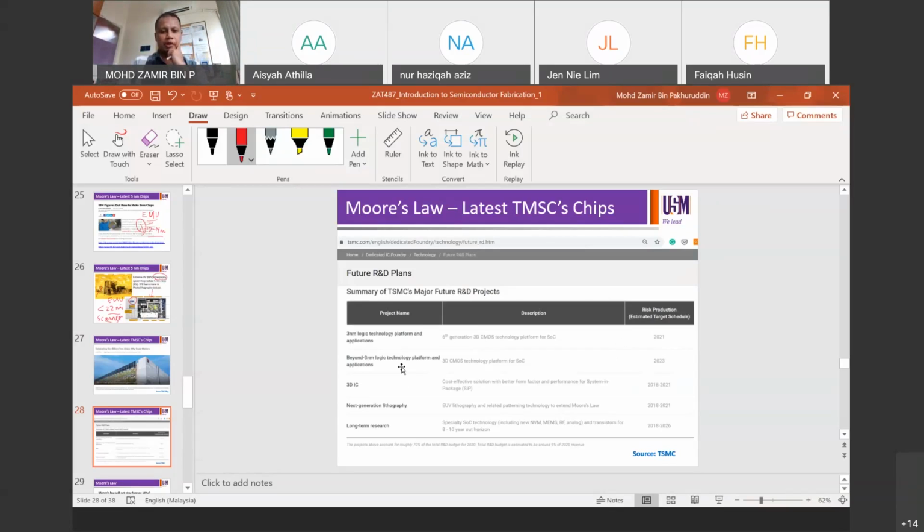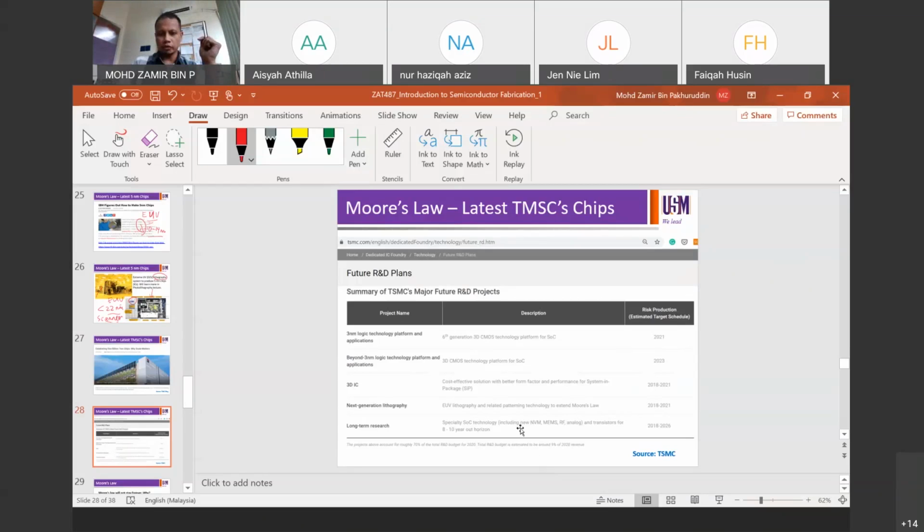Beyond the 3nm logic platform, 3D for SoC, system on chip, risk production is targeted in 2023. 3D IC, system in package (SiP), I think is ongoing now based on the schedule there. Next generation lithography covering EUV and related patterning technology to extend Moore's law. That means they want to prove that we can still push Moore's law to the limit, right? 2018 to 2021, and in fact their long-term research is included here too.